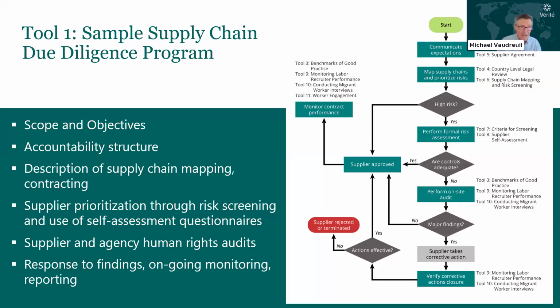And that goes through the entire process here, from after communicating expectations to mapping your supply chain, performing risk assessments, and monitoring supplier performance. Each of the tools supporting those elements is described.